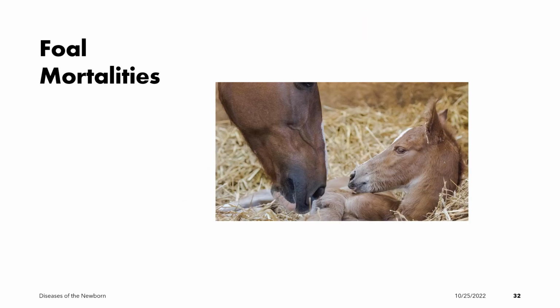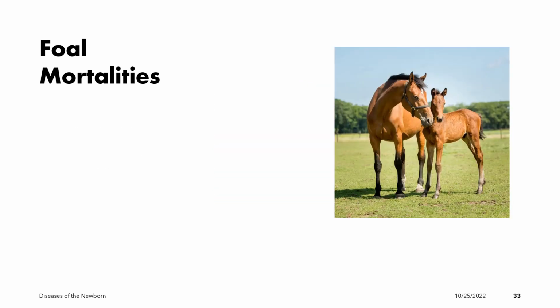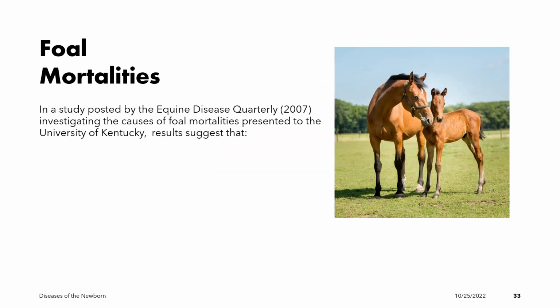For foal mortalities, the causes include the foal being born immature, structural defects, infection and injury, for example, injury during dystocia, the birth of the foal. We also have here a study posted in the Equine Disease Quarterly. These are the major causes of foal mortalities that have been presented to the University of Kentucky.